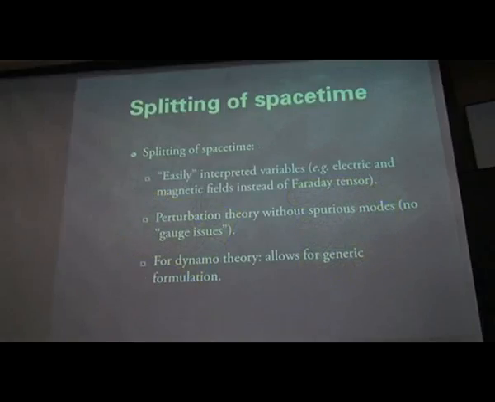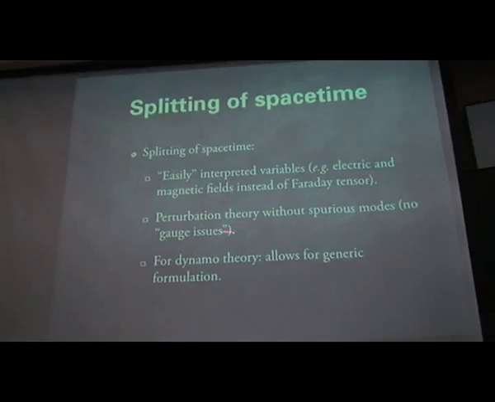So, the advantage, I said something about this previously, the advantage of doing such a splitting of space-time is that you get something which is easily interpreted. And you can deal with, for instance, electric and magnetic fields instead of the Faraday tensor, just as an example.